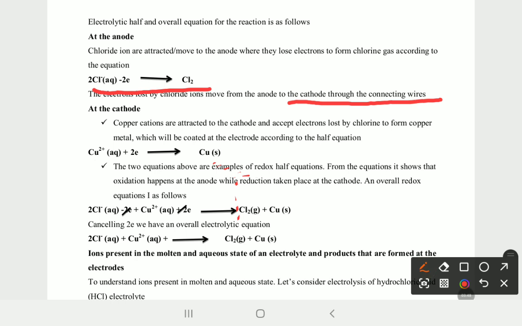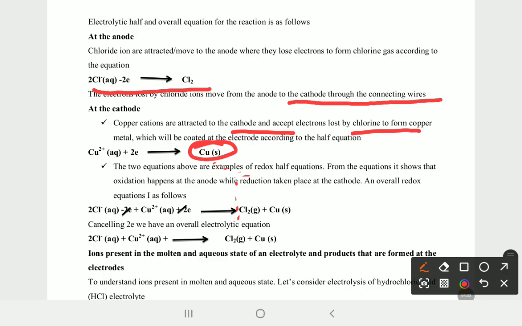And when attracted to the cathode side, it receives those electrons that were lost by the chloride, okay? And because it has received, you see there is a plus. So Cu2 plus because of its position in group 2, right? And it receives 2 electrons to form 1 copper, which is in solid form, a solid metal.